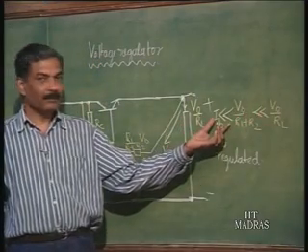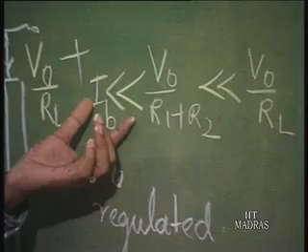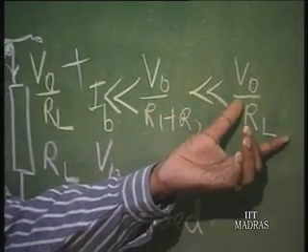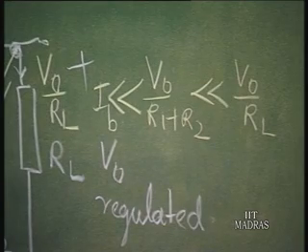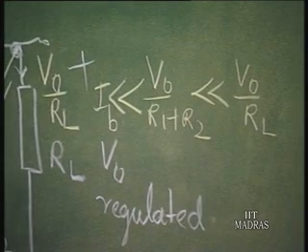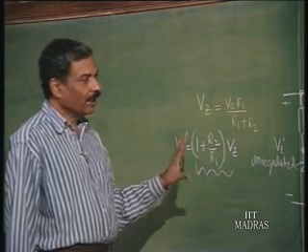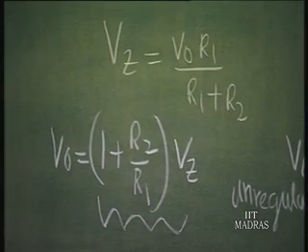It should be much greater than base current and it should be much less than the load current. And R 1 by R 1 plus R 2 ratio is fixed depending upon the output voltage. So, R 1 and R 2 get uniquely fixed based on this.